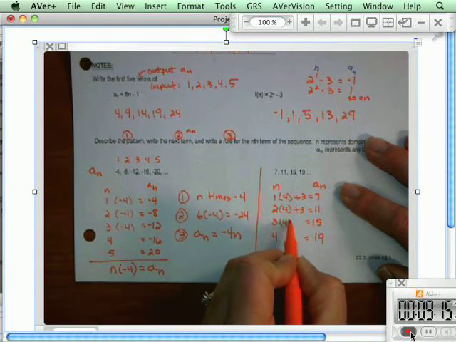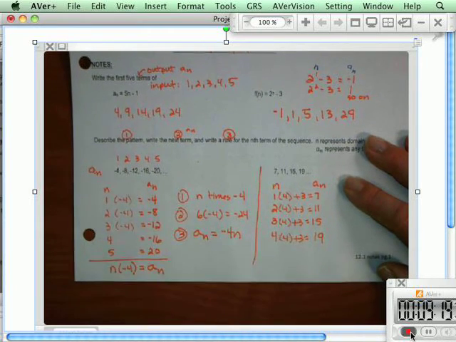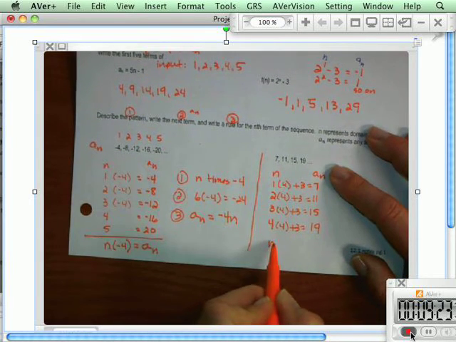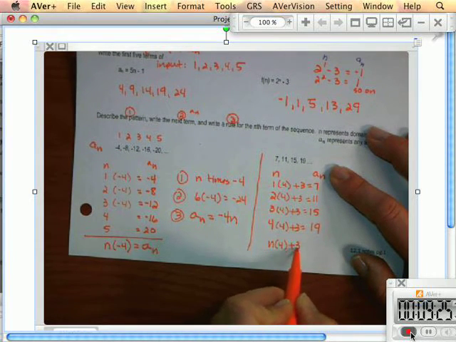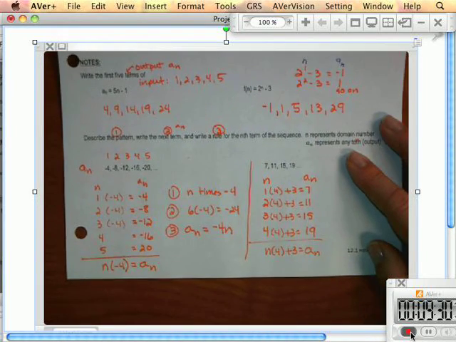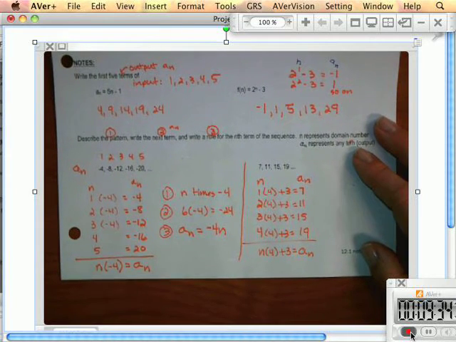It's going to work for me. Right on. So I'm going to translate that to using n and a of n. So this is my n column times 4 plus 3 equals a of n. I could stick any n in there and get that term that goes with that input.